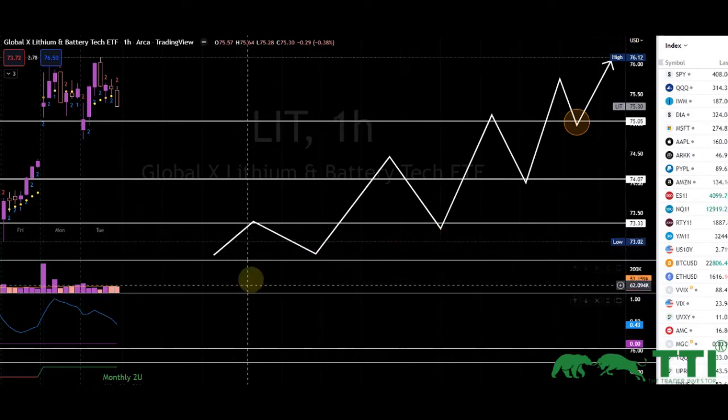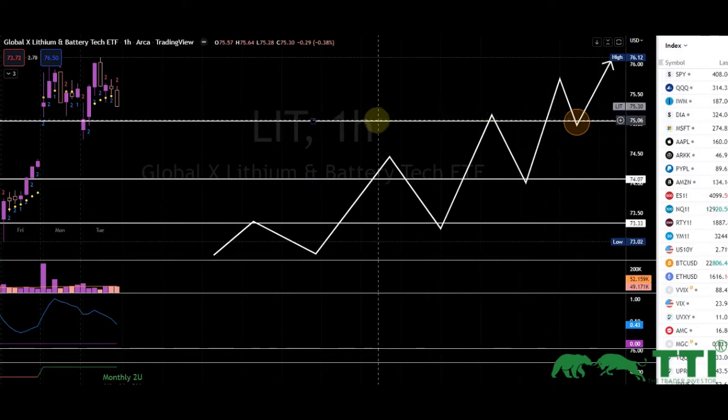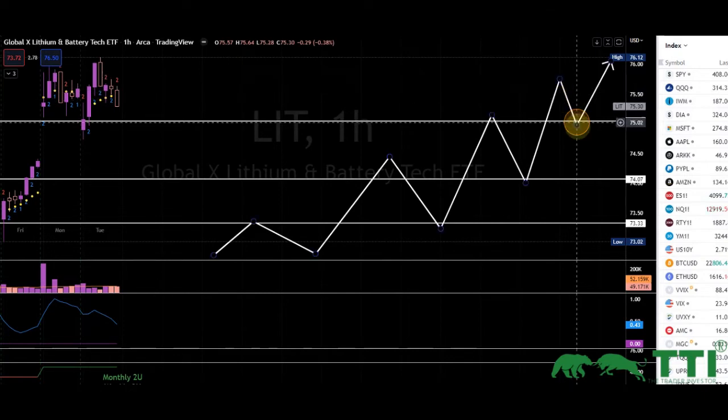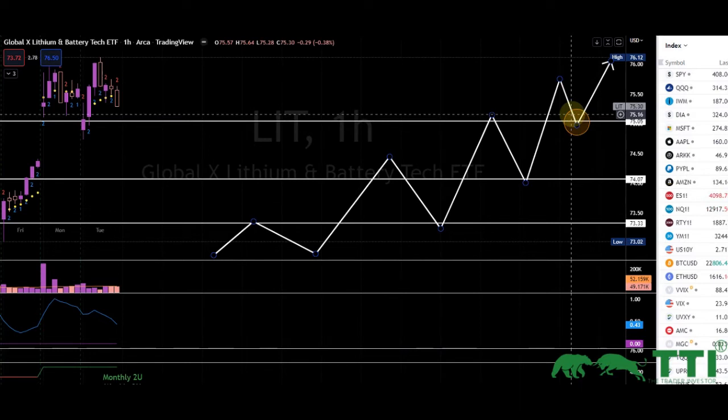So when price is coming from the bottom and it goes through resistance and then it has a pullback but does not go below that previous resistance and it now becomes support, this is a good place to enter. This is a very good place to enter.